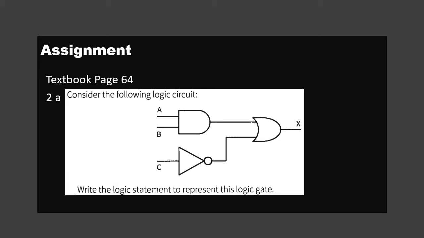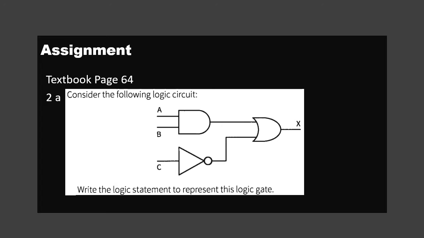On page number 64 in the textbook, there will be exam type questions, and the second question, A part, has a logic circuit, and the question is to write the logic statement. It's quite easy. I hope you find time to solve this one easily.